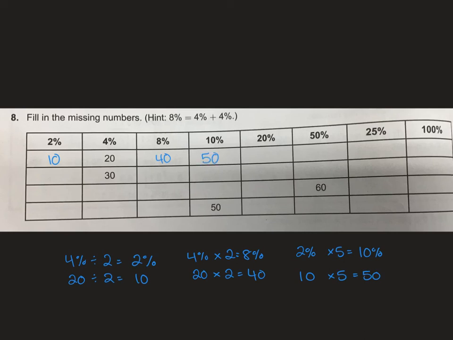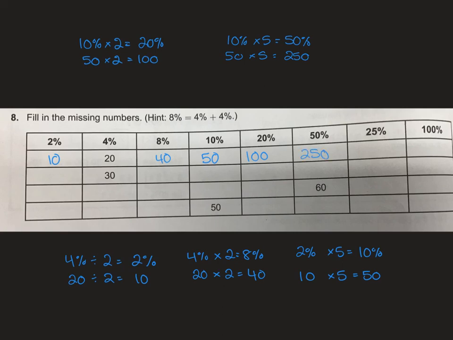Now, to get to 20, I could simply go, okay, 10% times 2 is 20%, so that means if 50 is 10%, when I multiply it by 2, 20% is 100. Now to get 50, I might go from 10% as well. 10% times 5 is 50%, so 50 times 5 equals 250.